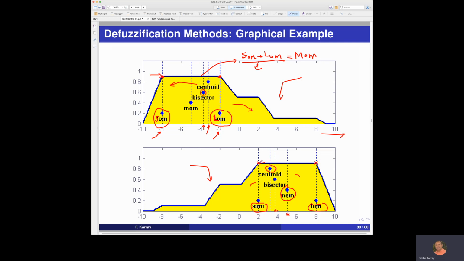Again, let me repeat: defuzzification is no other than the extraction of a crisp signal out of the representation of the aggregated function. You have the aggregated function, in this case the yellow area. How do we extract information out of the yellow area?